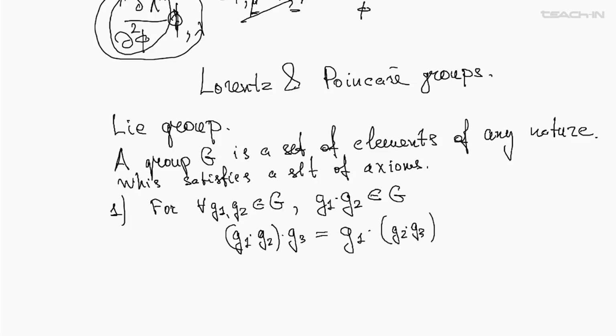Second, there exists a unit element e belonging to the group, such that g multiplied by e is the same as e multiplied by g, which is equal to g. A unit element, or sometimes we call it the identity.